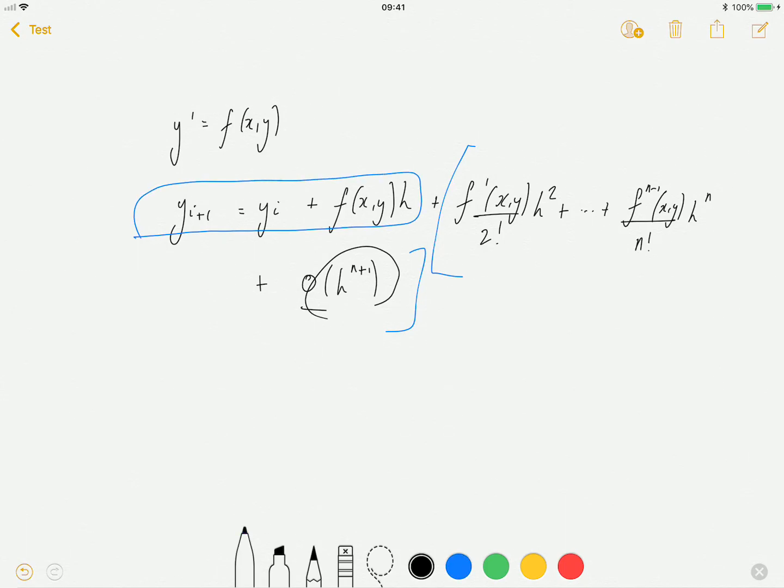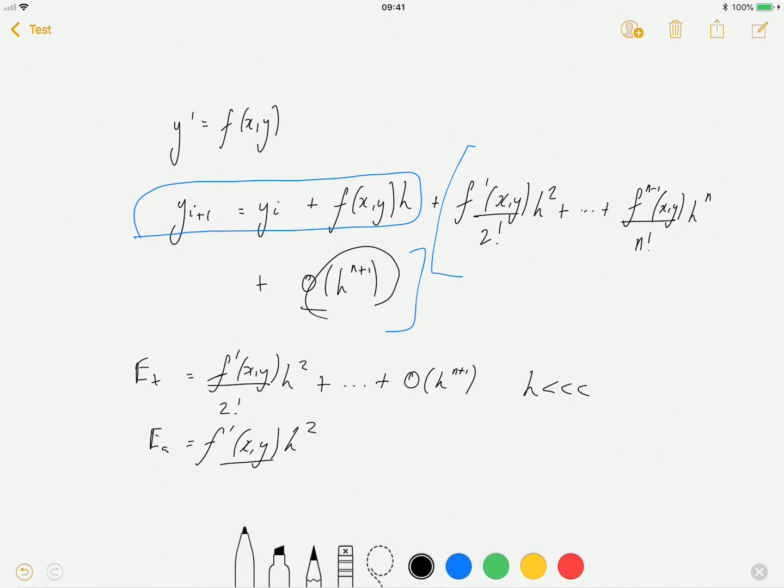So in other words, the truncation error, E t, is equal to f prime at x, y over 2 factorial multiplied by h squared plus something of the order n plus 1. And where h is really, really small, this reduces to our approximate error, f prime at x, y multiplied by h squared over 2. In other words, the approximate error is proportional to the step size squared.